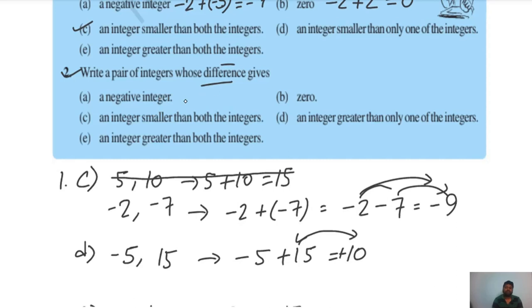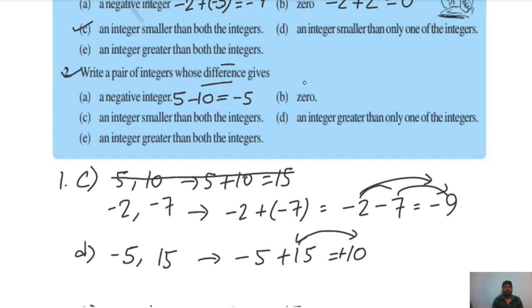Okay, suppose we get negative integers, suppose 5 minus 10. Therefore the difference is from the smaller number to the bigger number. Okay, so 5 minus 10 we get minus 5. This is called a negative integer.